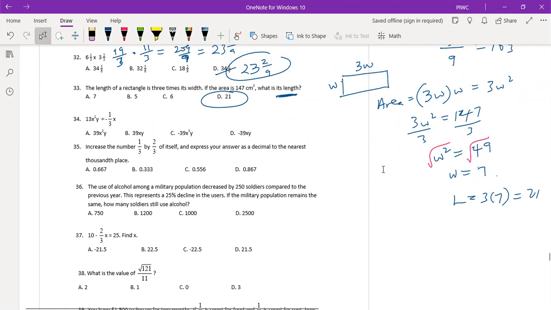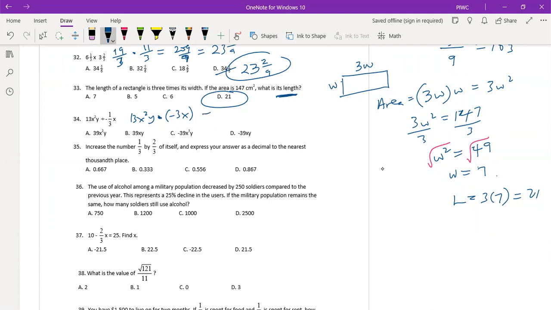All right, so 34. You're dividing a number by a fraction. So in division, keep the first number, and then multiply by the reciprocal of the second one. The first one is 13x squared y, keep that, times the reciprocal of negative 1/3, so that becomes negative 3x.